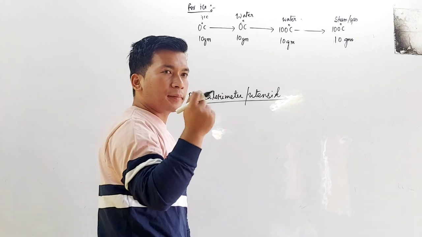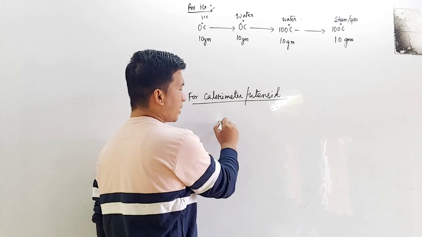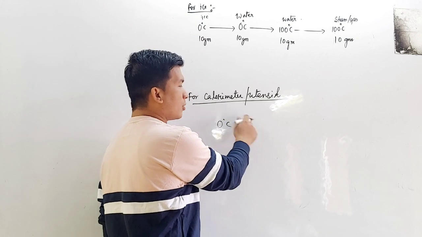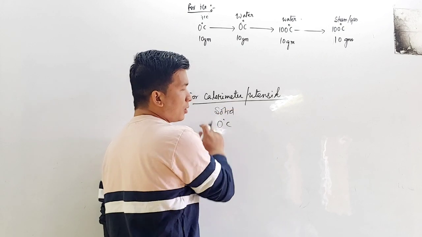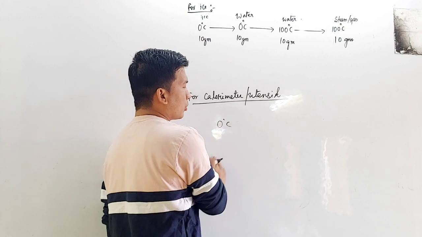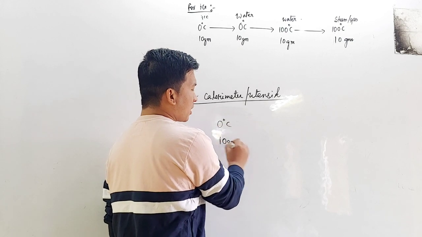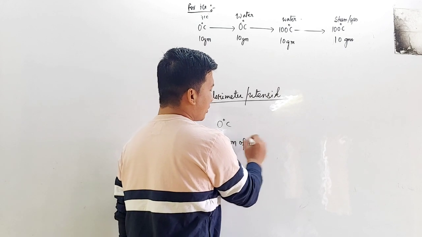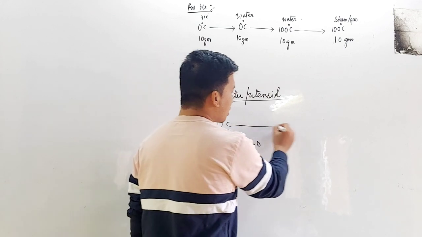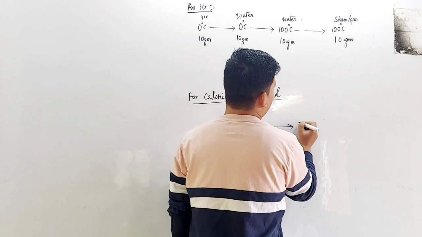The initial temperature of the utensil was 0 degree. We remove the utensil and consider it equivalent to 10 gram of water at 0 degree Celsius, and this is to be heated up to 100 degree.